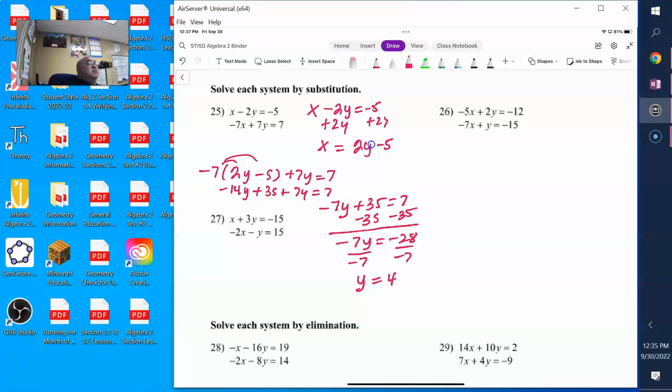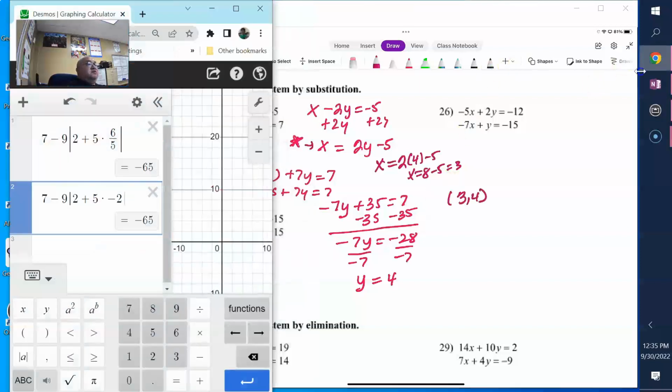So now I'm going to go back to this equation up here. So you have x equals, and I'm going to substitute 2 times 4 minus 5. X equals 8 minus 5, which gives you 3. So my solution to this system is 3 comma 4. And if you want to use Desmos, like I said, you can use Desmos.